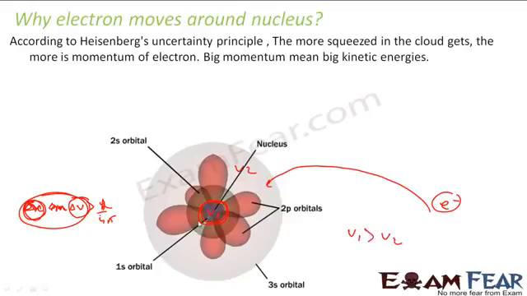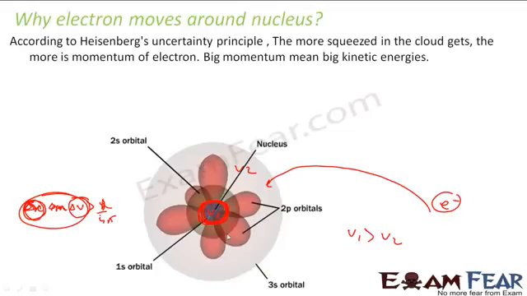Why? Because in the case of v1, the space in which you have limited this electron is less. The space where you are limiting the electron to move is small, you're squeezing it, so the velocity will go up. In this case, the space is more, so the velocity is a little less. If the space is infinite, the velocity will be all the more less, right?